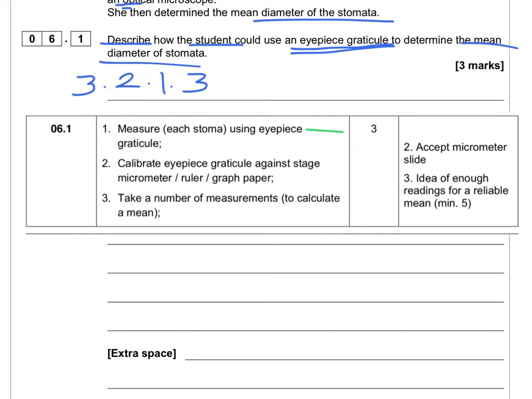The eyepiece graticule is within the eyepiece, and then you calibrate it using the stage micrometer, or you could use a ruler or graph paper to work out how many micrometers you're looking at. Then you take a number of measurements, because the stem of the question mentions you need to determine the mean. To determine the mean, you have to look at more than 1, so you need to look at a number of stomata.